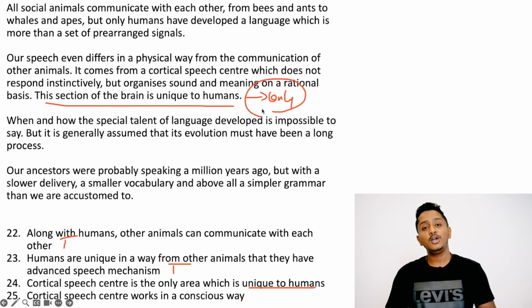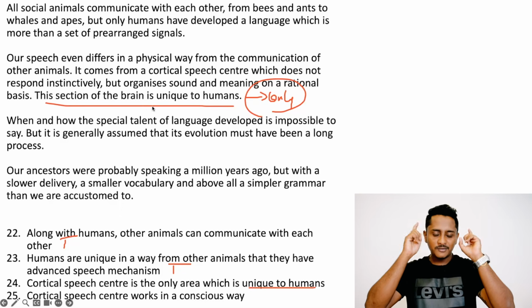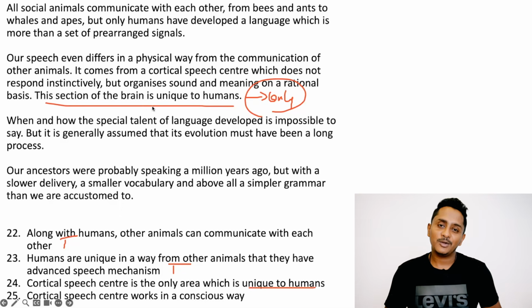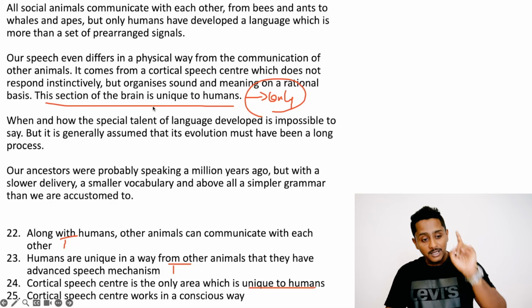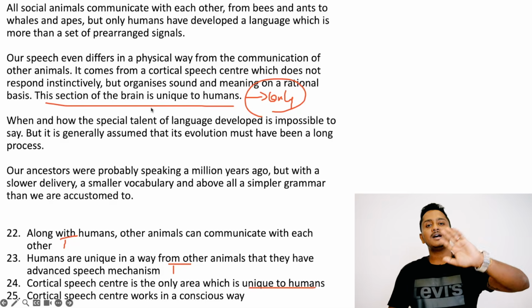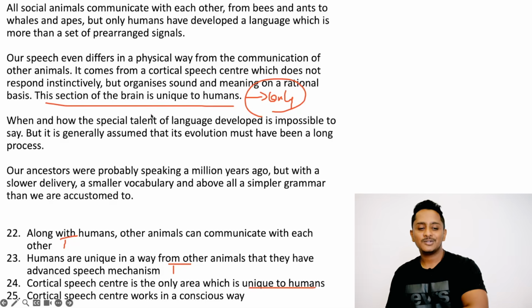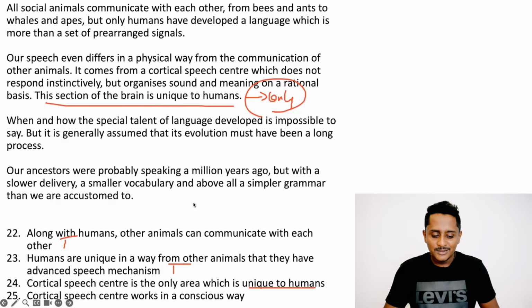How can you say this is the only section of the brain which is unique to humans? There could be a lot of things which animals don't have and humans have. Cortical speech is one of the areas which is unique, but there could be others which are not given here. So, you cannot conclude true. It could be hundreds of different things. So, this should be not given.